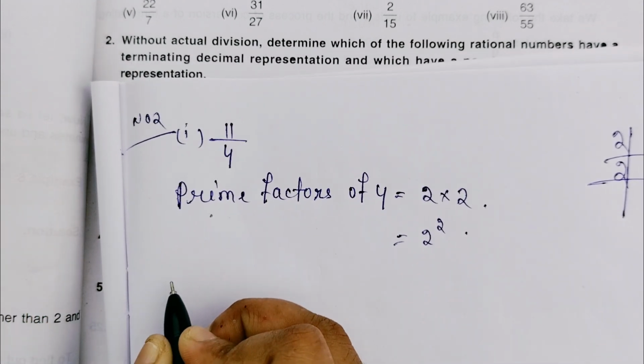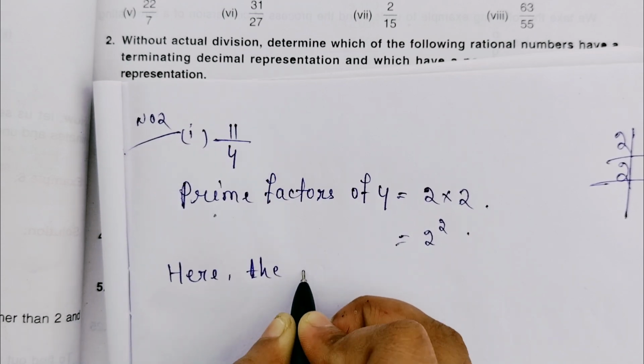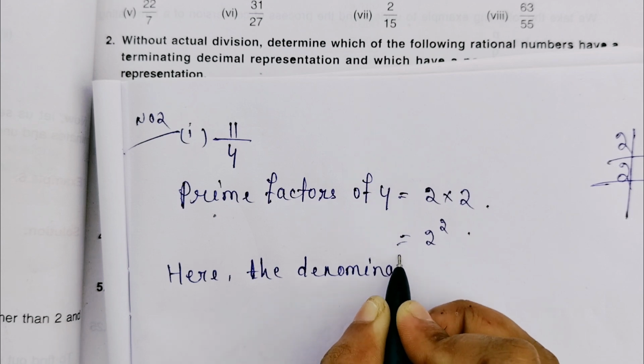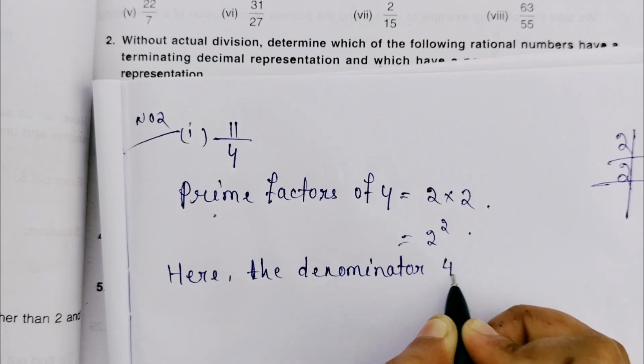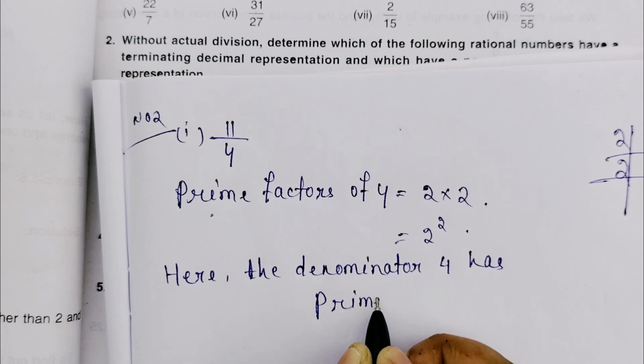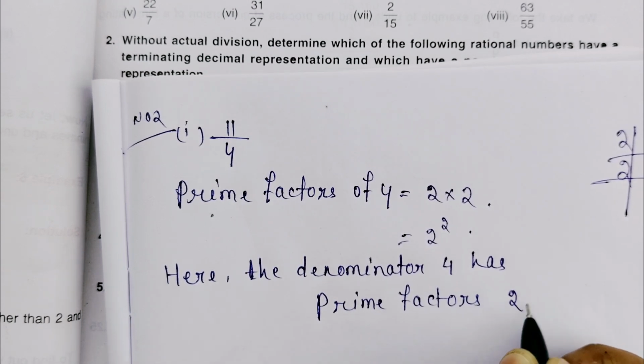So we write here the denominator 4 has prime factors 2 to the power 2.